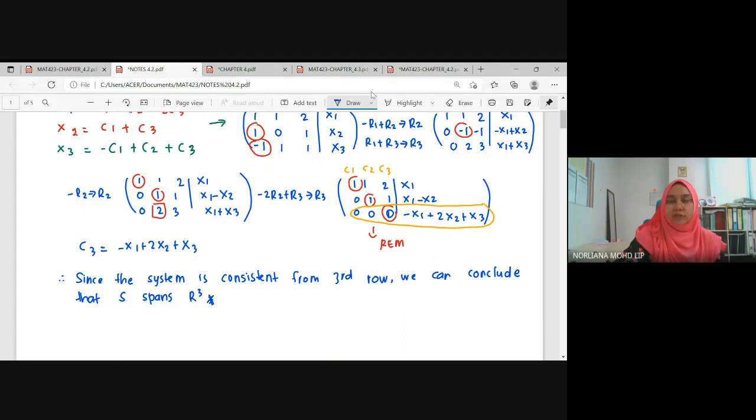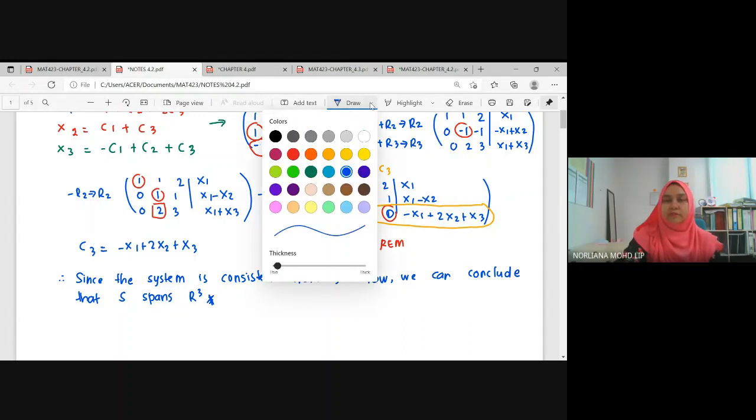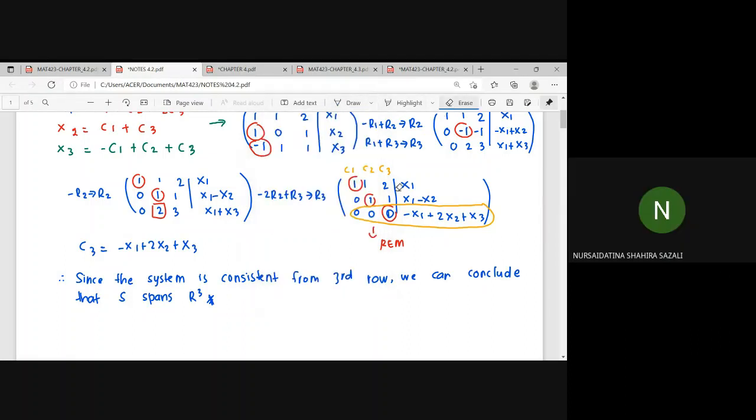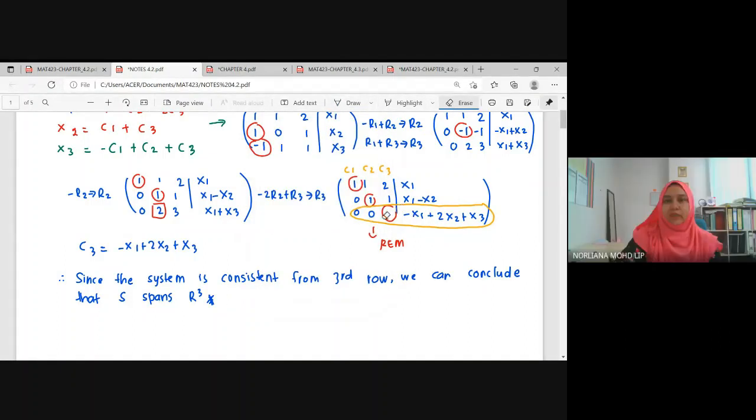Kalau no solution, the S is not span R3. Kalau semua kosong kat sini, tu baru inconsistent lah. The conclusion inconsistent. Then S is not spanning set.